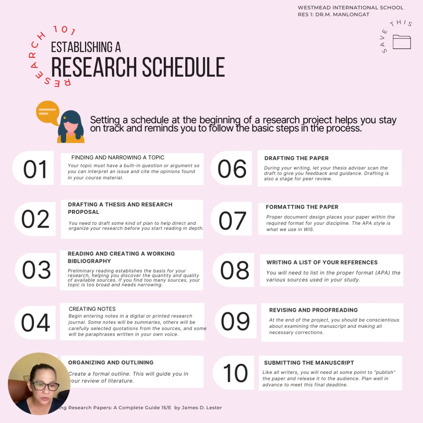For the last 2 or 3 weeks, I have been telling you to start reading back or interviewing or observing more distinctly your environment so that you can find and narrow a topic of interest. Your topic must be built within a particular question or issue or a relevant current event or something of an argument, so that you can interpret an issue and cite the opinions found in your course material.